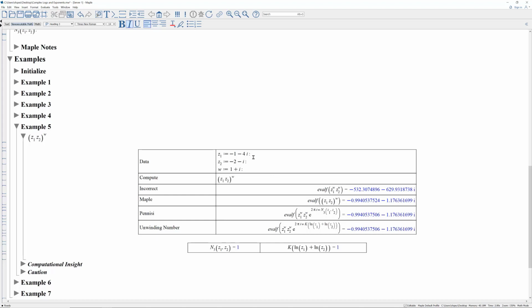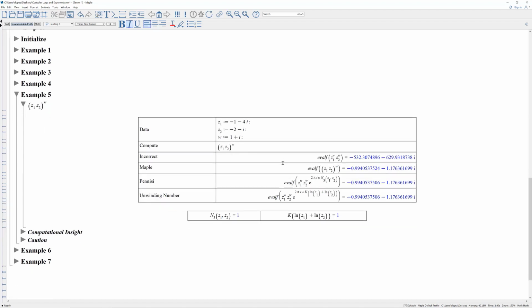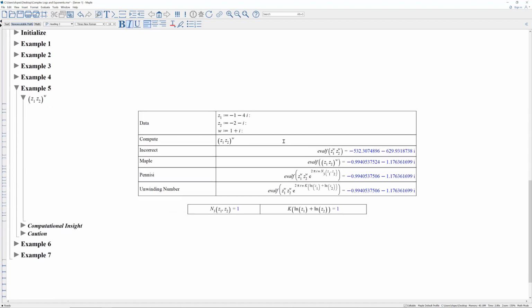So we need 2 numbers, Z1 and Z2, to multiply together, and a W to be the exponent. The incorrect way to do this is to distribute the W to both Z1 and Z2. And notice what you get for an answer if you do that. Big number here, very surprising.